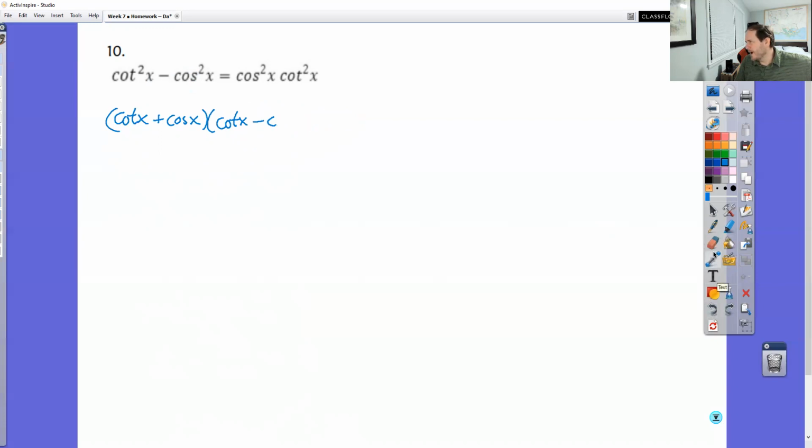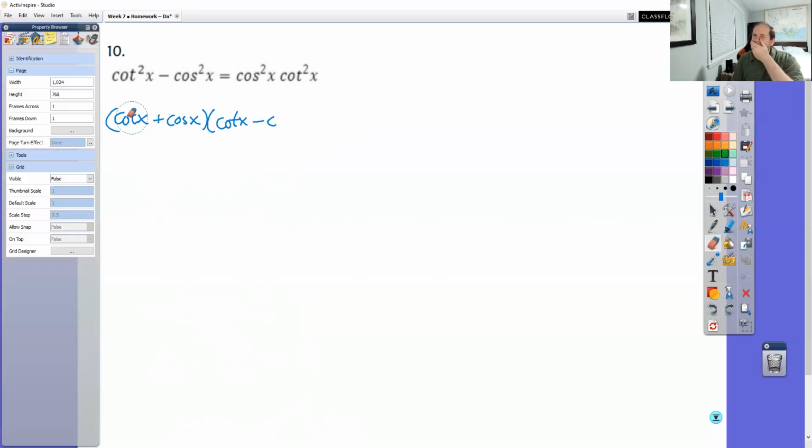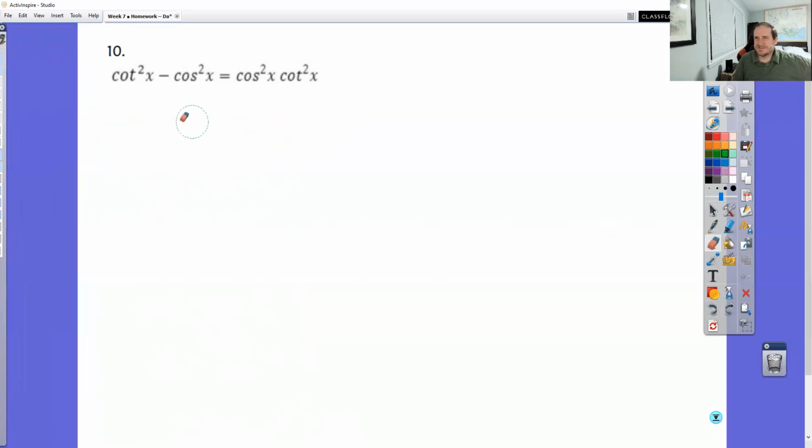You know what's good though? No, I don't know what's good either. Make a substitution. Okay, let's make a substitution. And in fact, let's not even work on this side. Let's work on this side. Because we know we've got two perfectly serviceable Pythagorean identities.